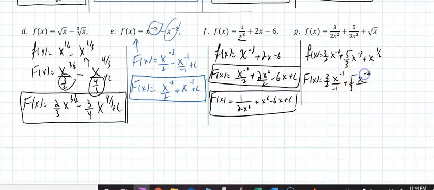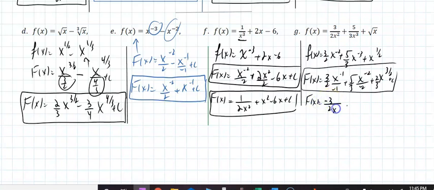Add 1 to the power, divide by the new power, 3/2. Dividing by 3/2 is multiplying by 2/3. That's a fine answer for a test. 3 over 2x minus 5 over 2 times 3, that is 6x squared. And that would be the answer. And that's pretty much it for this section.